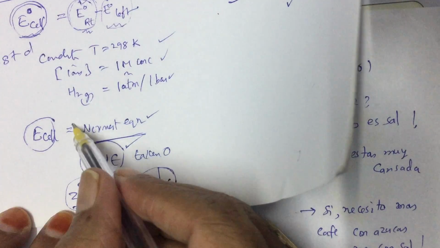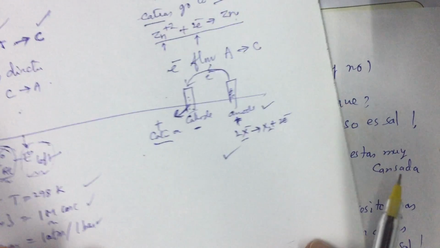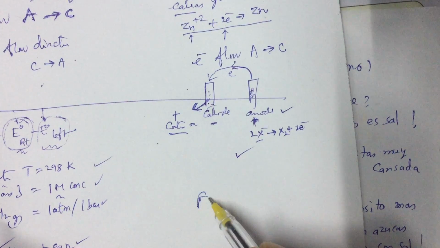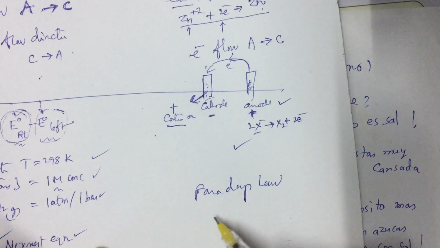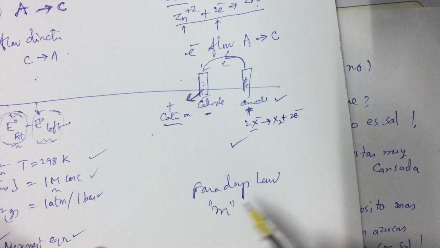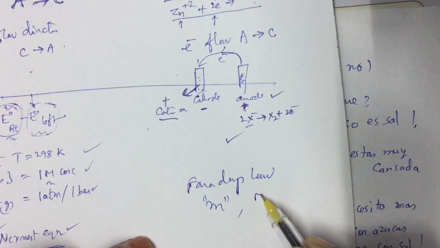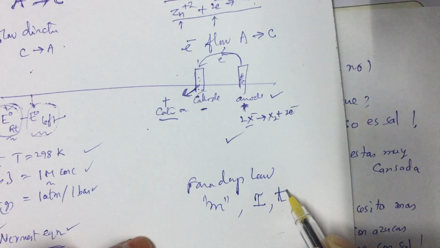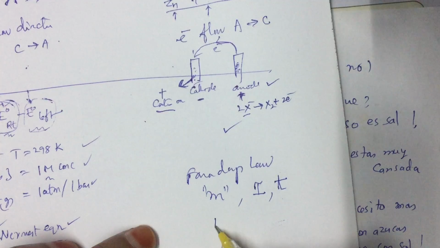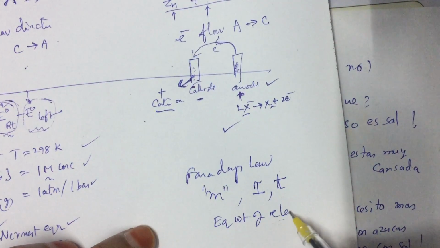All this, the Nernst equation, is necessitated in the case of electrochemical cells. But in electrolytic cells, you require Faraday's laws to know the relation between the mass of the elements produced and the strength of the electric current and the time during which it is maintained, and the equivalent weights of elements produced.